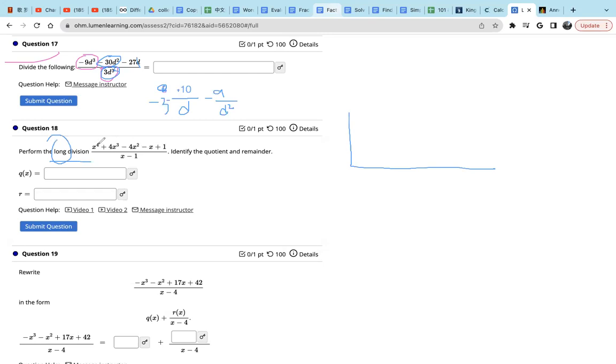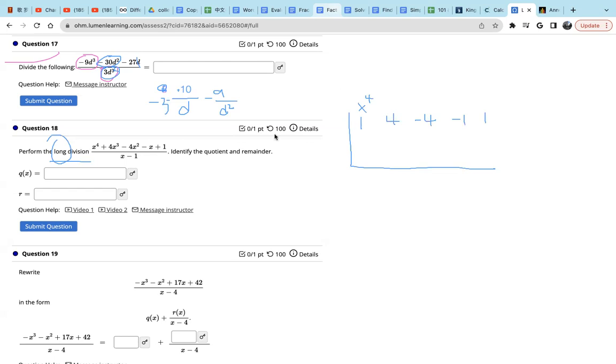X raised by 4, then we only take the coefficients. So this is the x raised by 4 term. Its coefficient is 1. X cubed is 4. X squared coefficient is -4. Then x is -1. Constant term is 1.